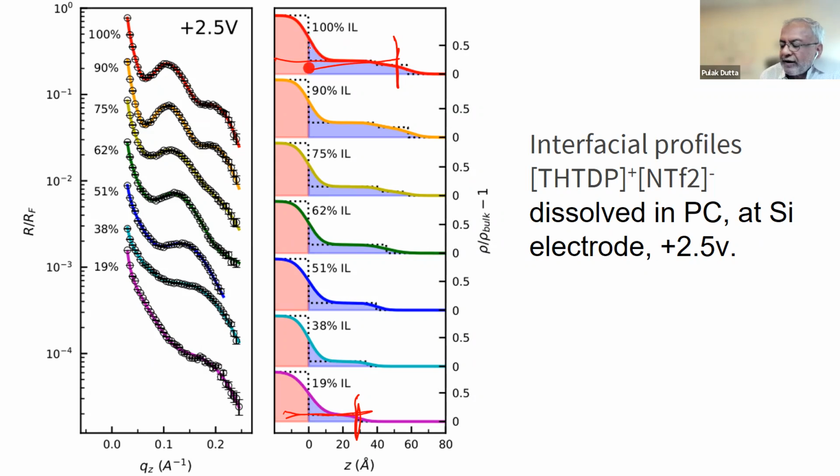electrostatic influence of the electrode, which is the red part here, goes further, even when the ions are piled up here, attracted and forming a crowded layer. When you have a dilute solution, it actually doesn't go as far.